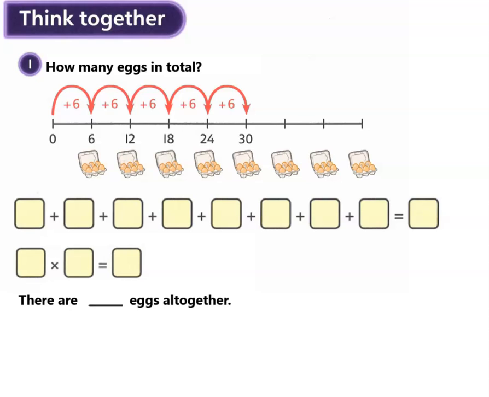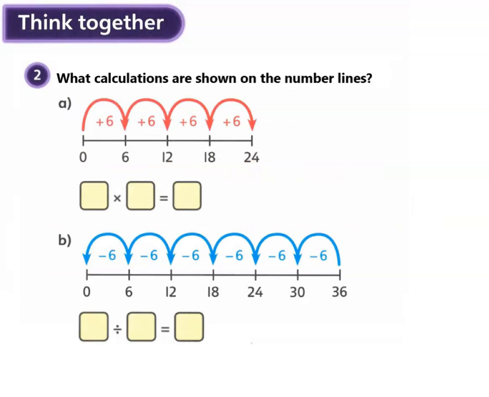We can see that there are 8 full boxes of eggs and there are 6 eggs in each box, so we've got a repeated addition. This can be represented as... How'd you get on? What about this one? Pause the video and have a little think. 4 groups of 6, and that is equal to 24.